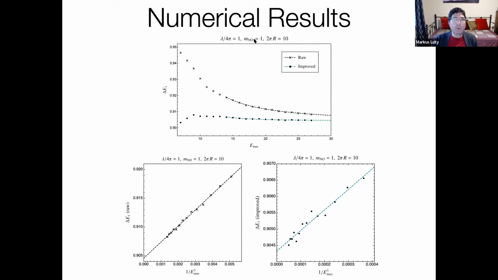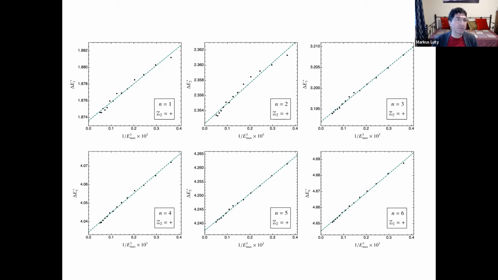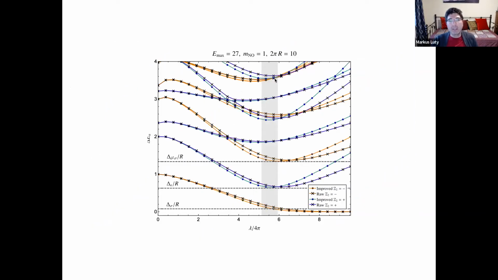This was for one particular choice of parameters. It works for other choices too. This is for excited states for the same choice of parameters. The previous plot was the ground state. Here are excited states. They also do the same thing. This is a plot that shows you the full spectrum as a function of lambda. So we looked at different powers of lambda, and the same thing works for different powers of lambda.